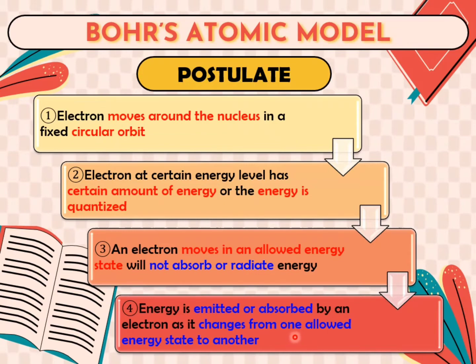Here the energy change will occur if the electron makes a transition from one energy level to another energy level. For example, if the electron is in the first shell, then it changes to the second, third or fourth shell. There the energy change will occur, whether it absorbs energy or releases energy. For the third and fourth postulates, I will explain more after this using a diagram.